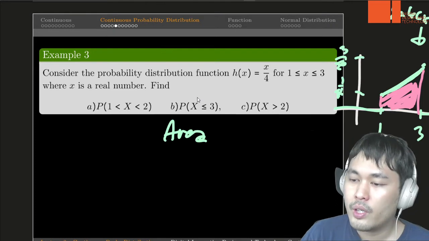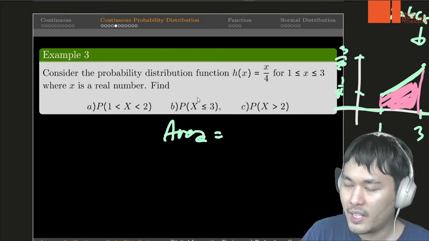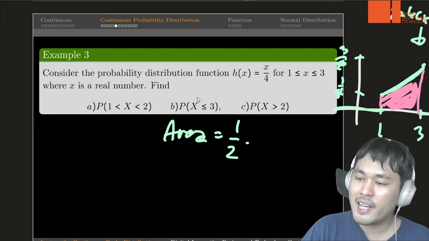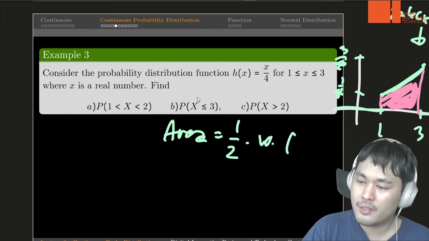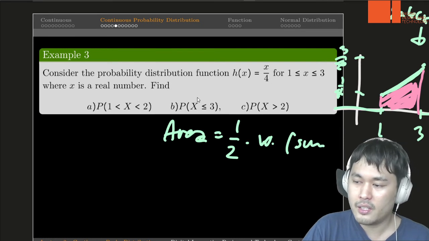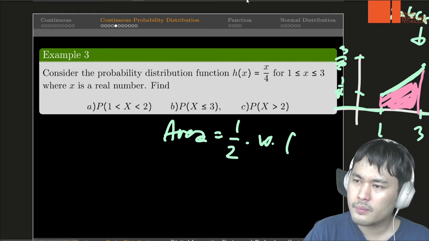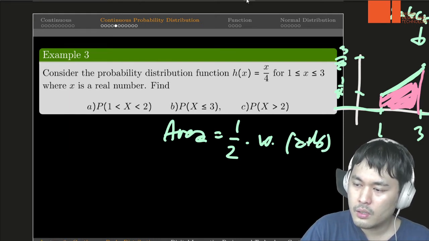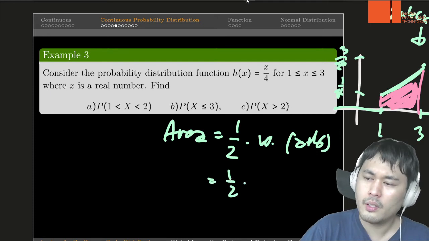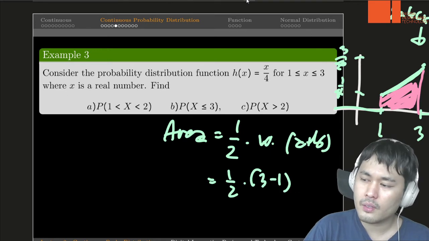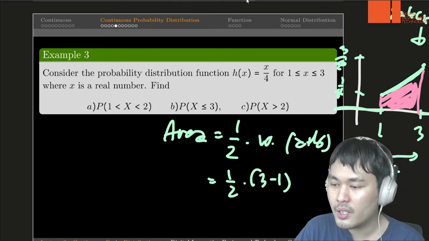So now we have that area to be, using your favorite formula, 1/2 times width times the sum of the parallel sides. Let me write it as a plus b. The width here, from 1 to 3, is 3 minus 1, which is 2.